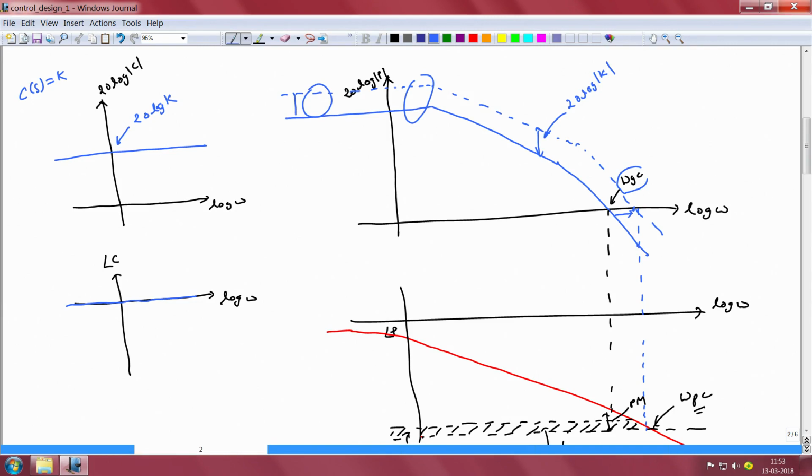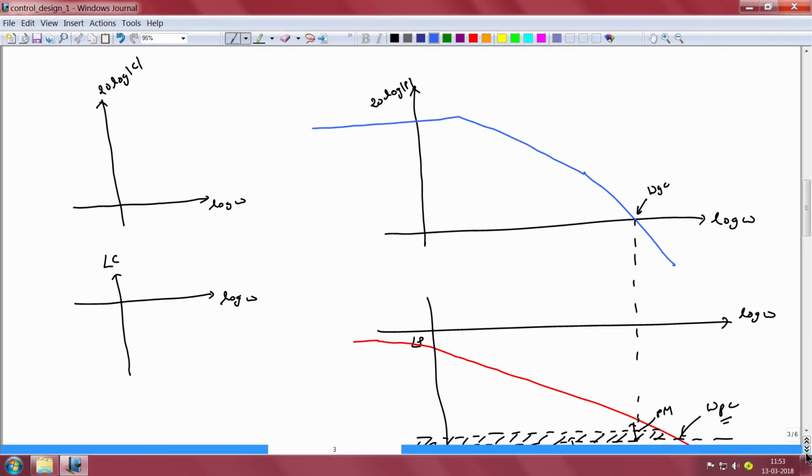Now, if we come back to the Bode plot, we see that the proportional controller has not allowed us to increase the gain significantly in the low frequency range, and one alternate technique that allows us to increase the gain in the low frequency range is the integral controller.